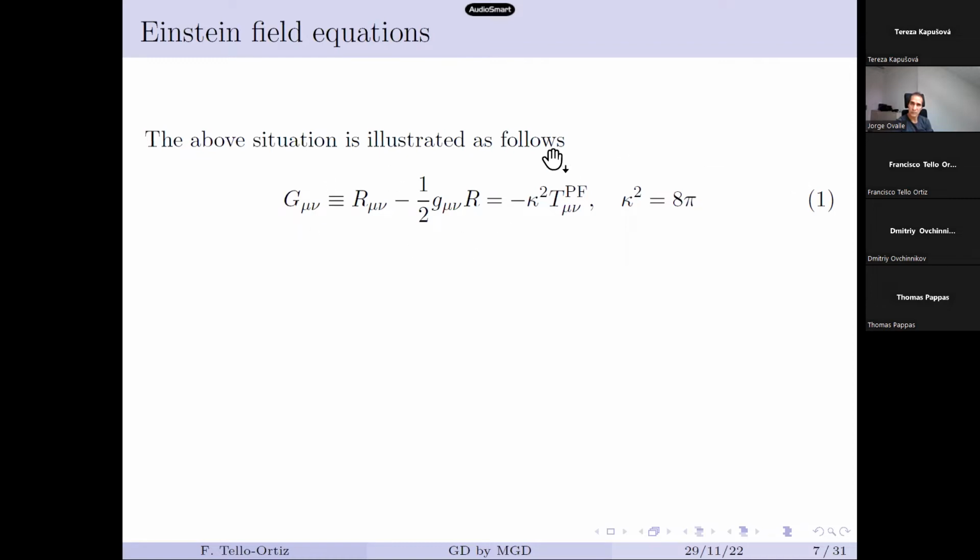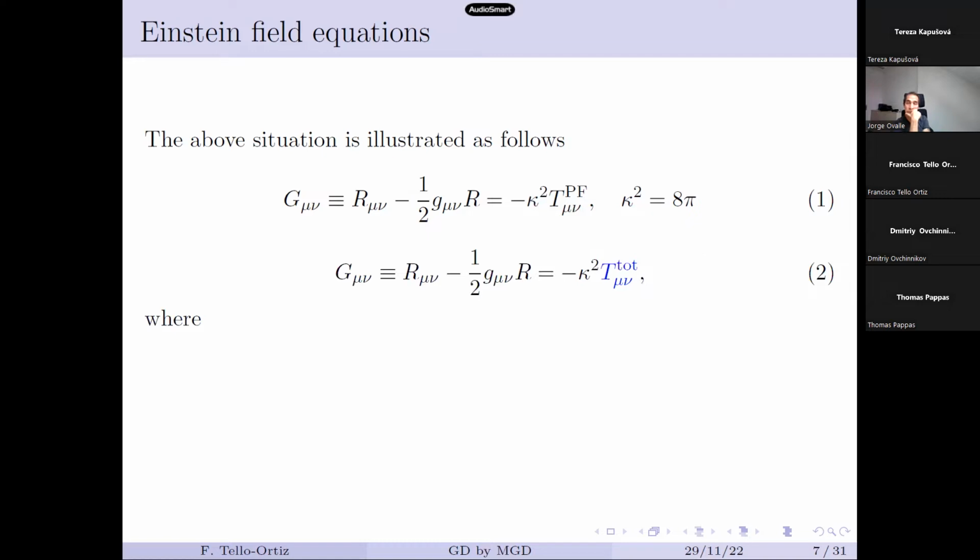As you know, we have here the Einstein field equations, okay? This part encodes the geometry of the space-time, and this part encodes the matter distribution. PF means perfect fluid. I'm assuming this scenario, this example. So the question was, what is happening if you include another kind of source, okay?